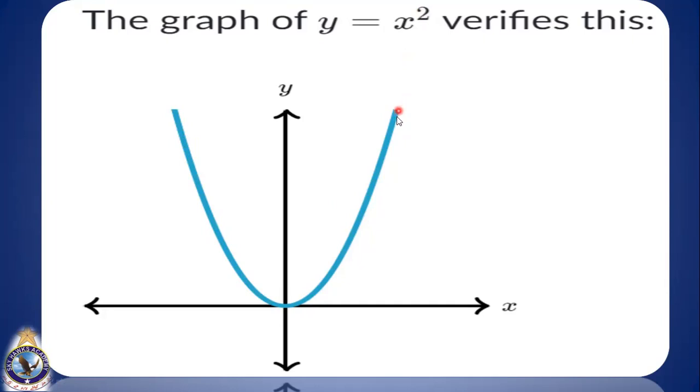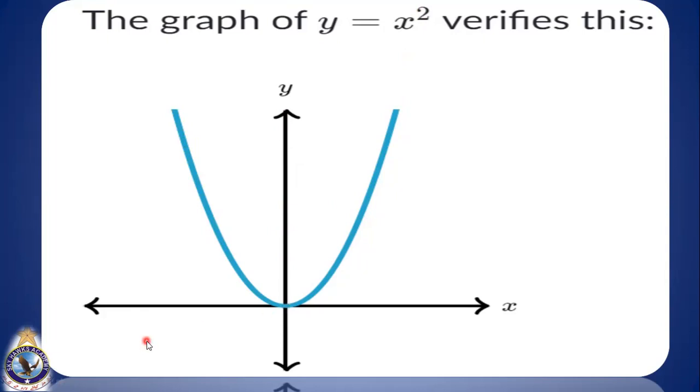So it's tracing a parabola having the vertex at the origin. Vertex is this point, and the y-axis is the line of symmetry. Definitely we'll talk about the parabola. A lot of things are over there. Very soon I will get all those slides to discuss with you.